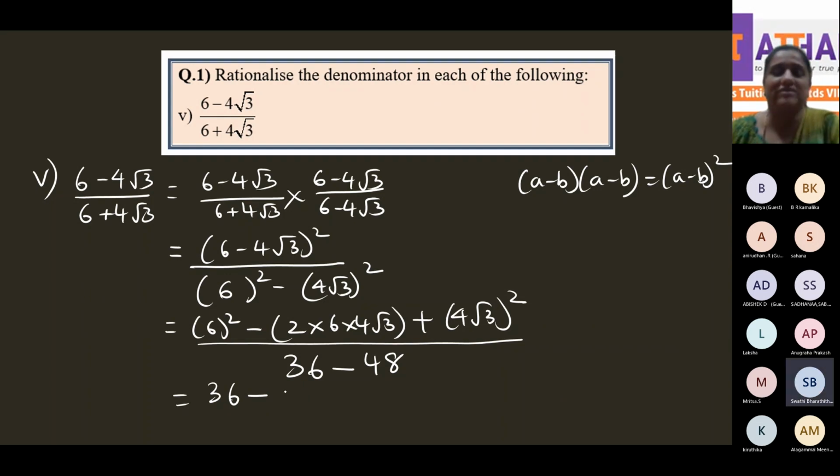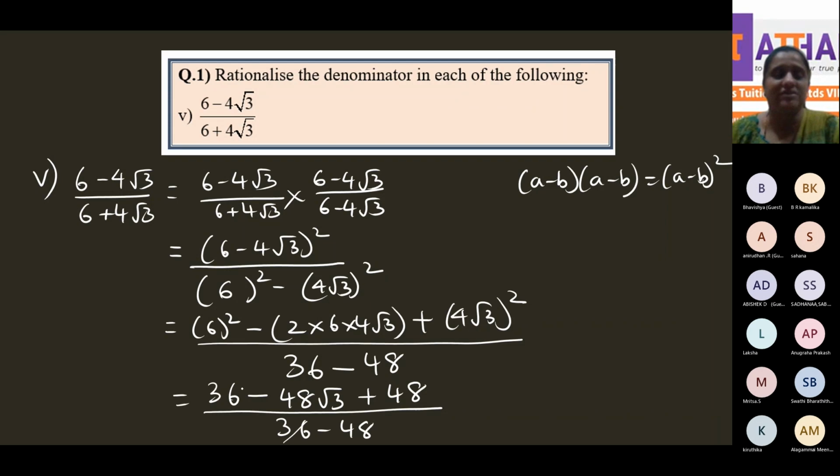What is 12 into 4 root 3? 12 fours are 48, ma'am. 48 root 3. Then plus 48. Very good. Divided by, what is 36 minus 48? Children, you cannot cancel. Don't write 36 minus 48 and cancel this 36 and 36, 48 and 48. No, you cannot do that.